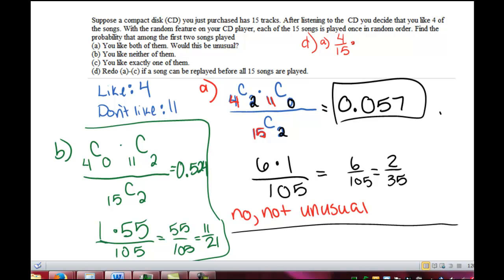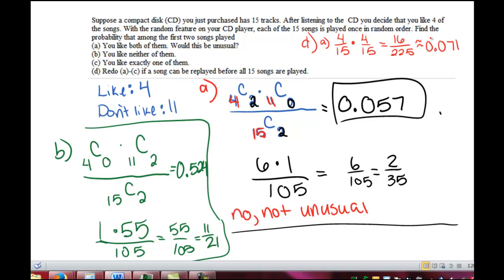And on our second song choice, assuming we replaced, so we put the song back in the mix, there are still 15 to choose from, we still like 4 out of the 15. So if we multiply these together, we're going to get 16 out of 225, which is about 0.071.